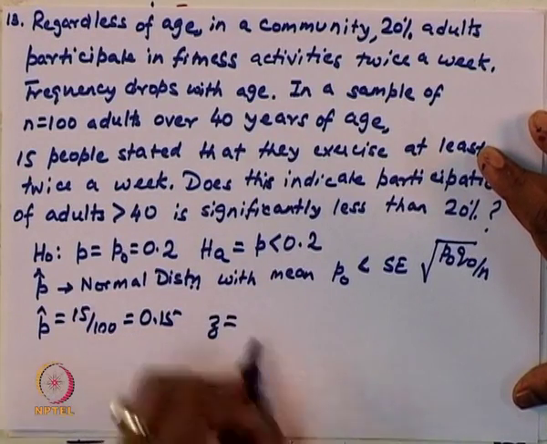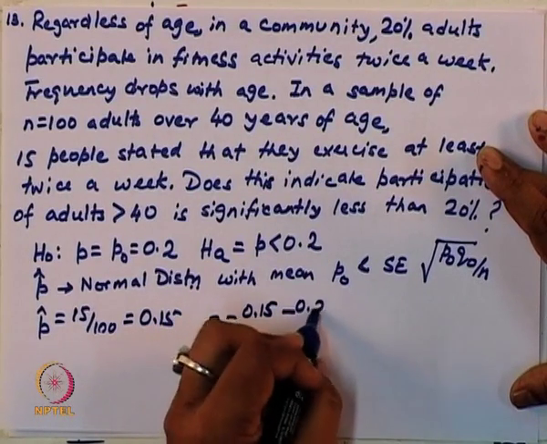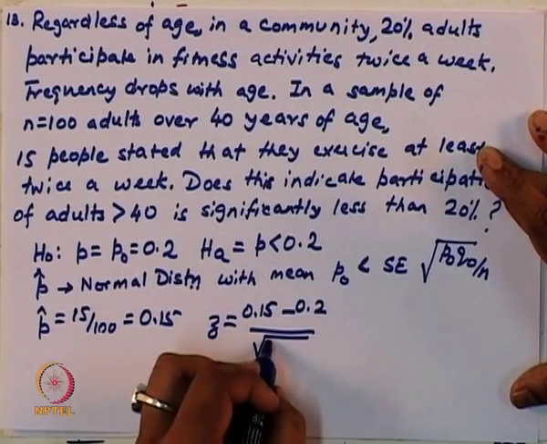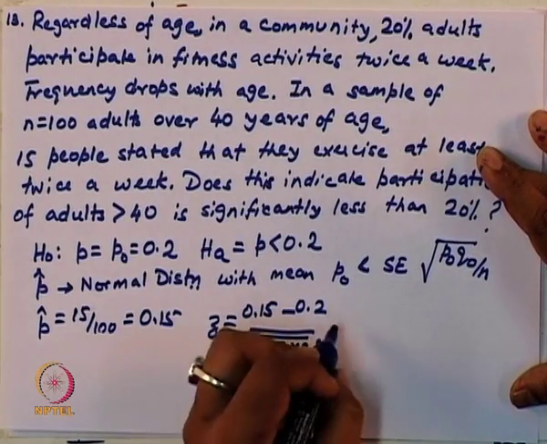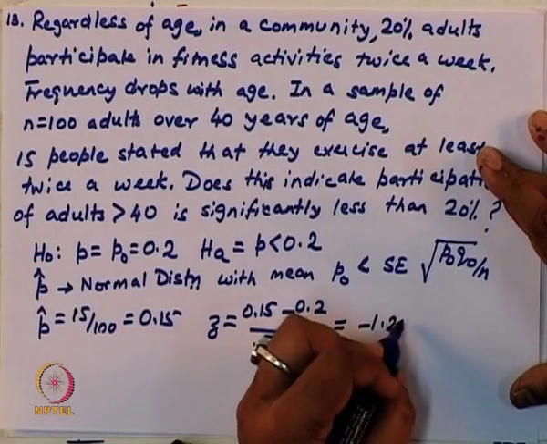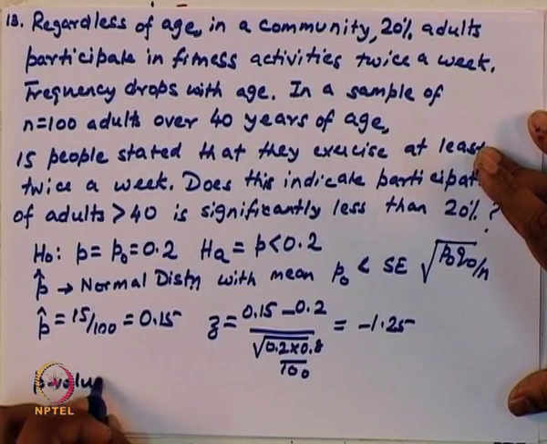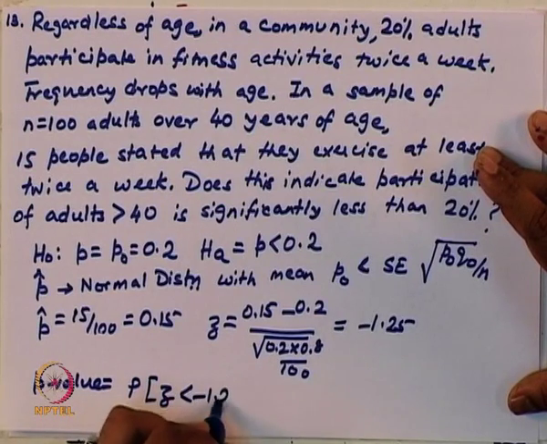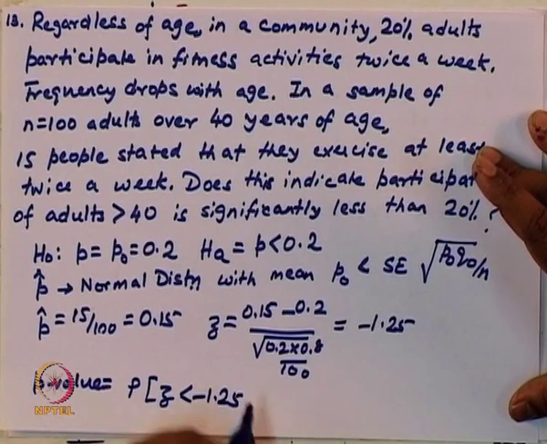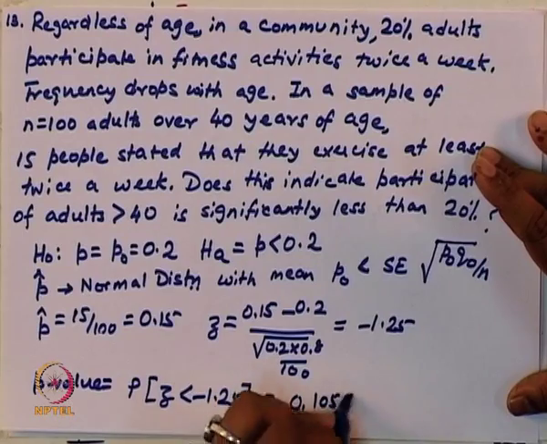So, if you calculate the z statistic, it is 0.15 minus 0.2 over the standard error, equal to minus 1.25. Okay. So, the p value comes out to be probability of z less than minus 1.25, and this is 0.1056.